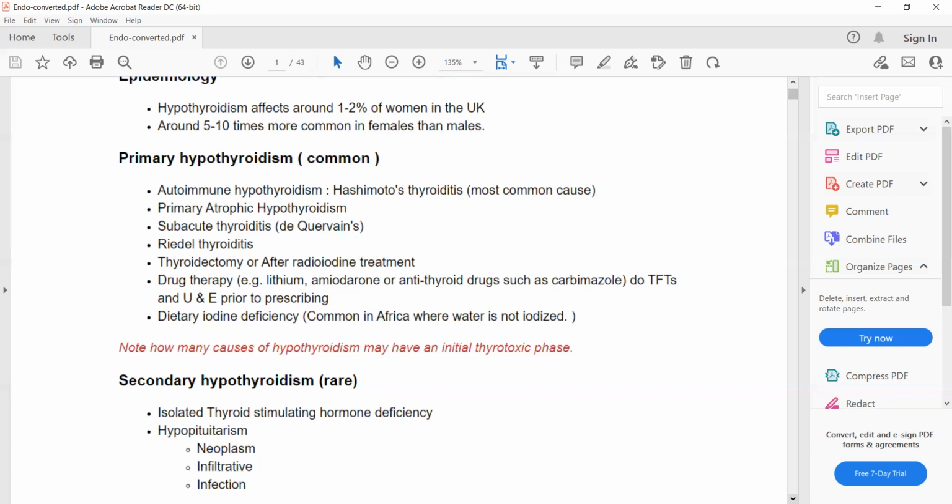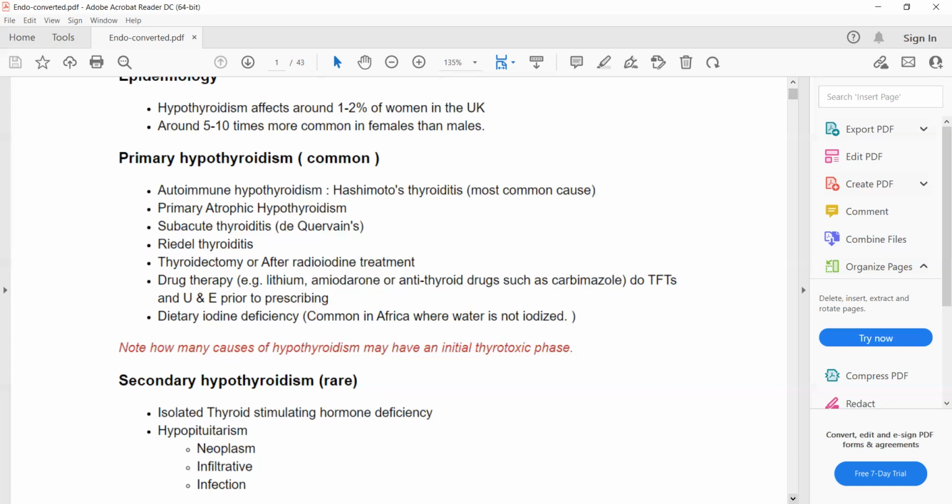While secondary hypothyroidism means decreased production of thyroid hormone due to less thyroid stimulating hormone, or due to thyroid stimulating hormone deficiency. So hypothyroidism due to thyroid stimulating hormone deficiency is secondary hypothyroidism. And as I told you, thyroid stimulating hormone is secreted by the pituitary gland.